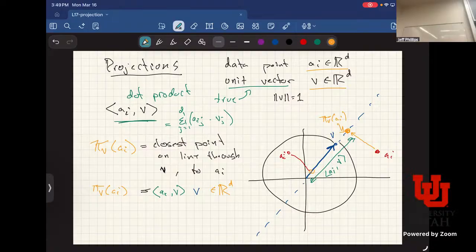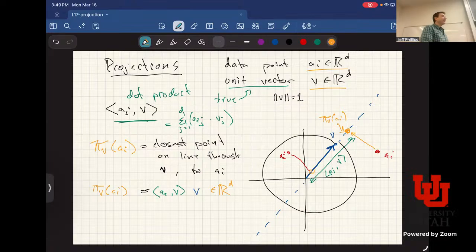Okay? So I told you how to get the projection, but I also said maybe I just want the scalar. These things are kind of mixed up right now. In some cases you want the vector, sometimes you want the scalar, and in some cases we will want both of these.